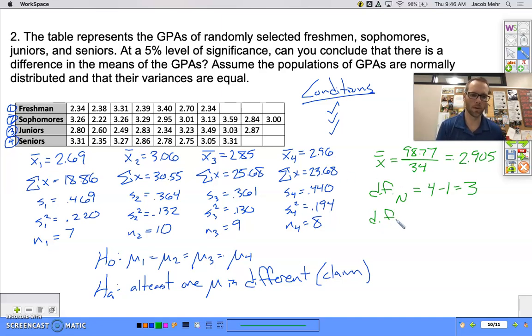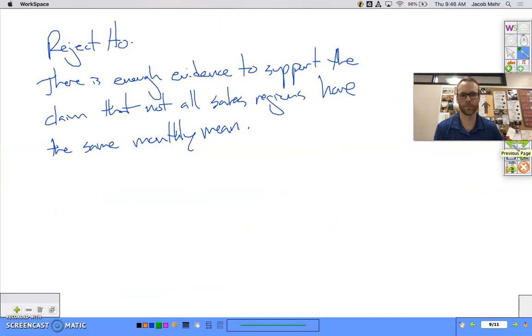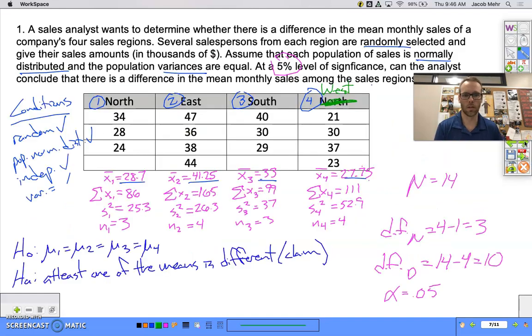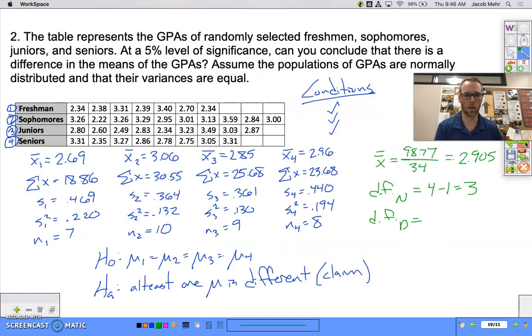How about the degrees of freedom for the denominator? It is the sum of the sample sizes, our big N, which we've already found, minus the number of samples. Our big N on this one is 34. I guess I didn't write that down, but it's right there. 34 minus how many samples? 4 gives us degrees of freedom for the denominator is 30.